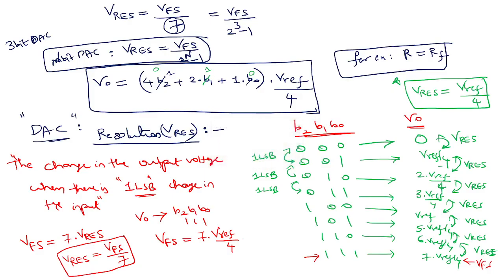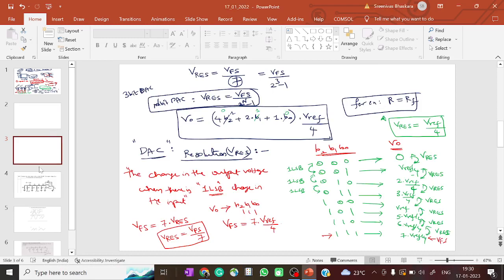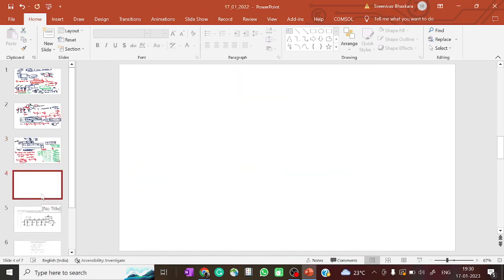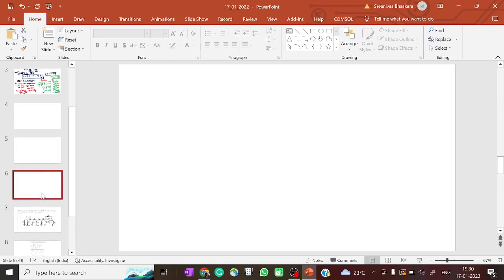There is one more DAC. This is the R2R DAC.